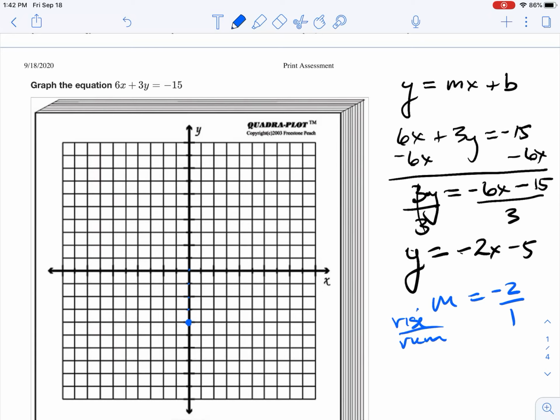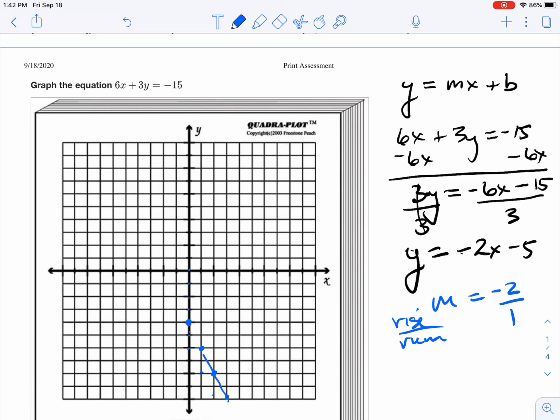And in this case, it's actually a fall. It's going down 2 and 1 to the right. So all I do is go down 2, 1 to the right. Down 2, 1 to the right. Down 2, 1 to the right. So that is a number of points on the line.